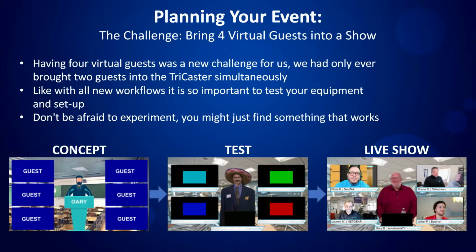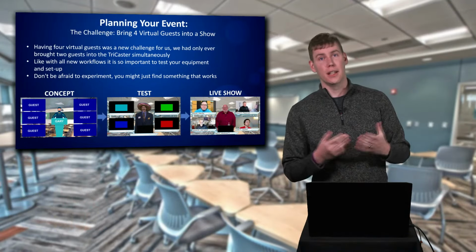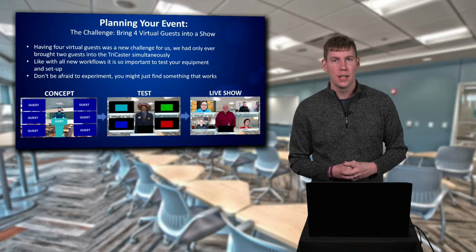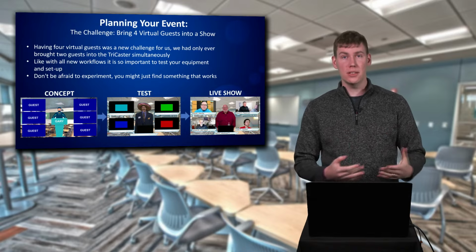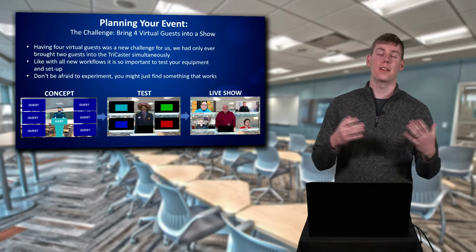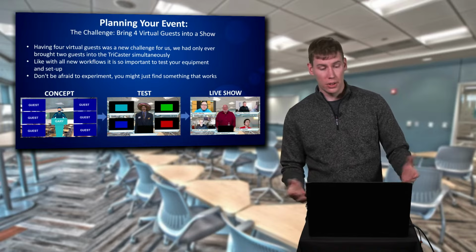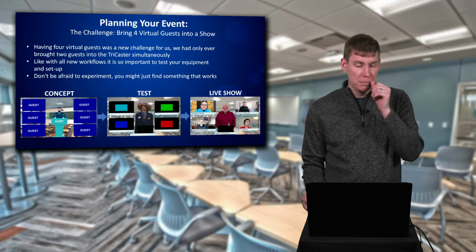What we ultimately decided on doing was 4 guests with 6 layers. And then the bottom right on that slide is a screenshot from our actual event with some of our guests.